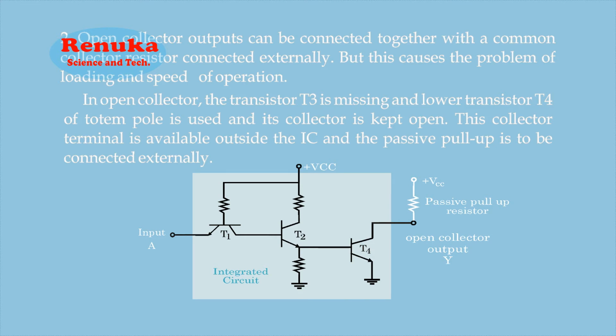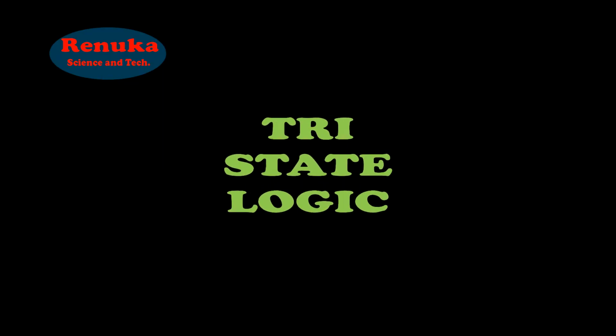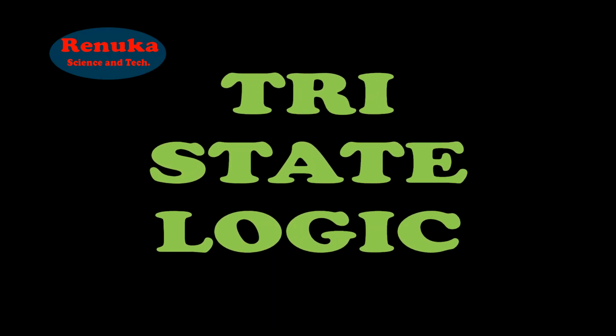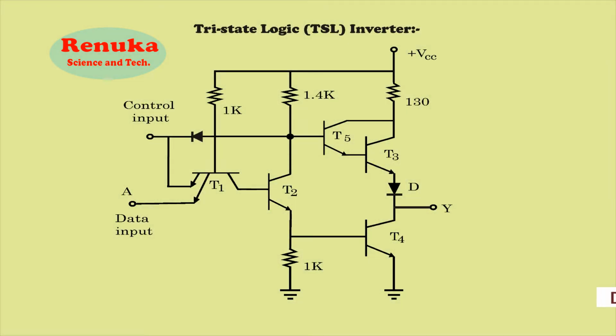To remove these two problems, we have to arrange the circuit like a TSL gate or tri-state logic. Let us see what is meant by tri-state logic. In logic circuits, generally there are only two states of output, high or low, and the output must be in one of these states.